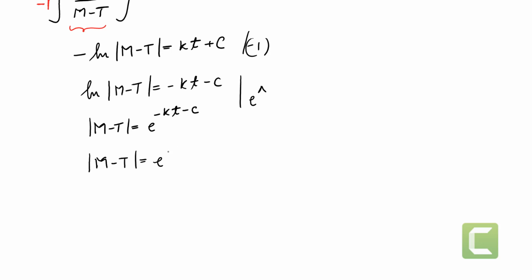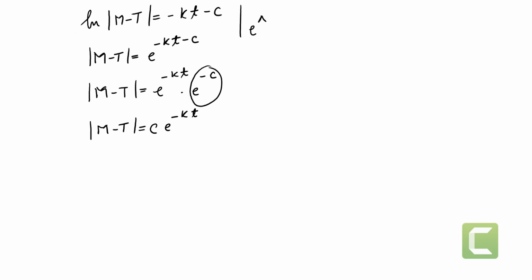So we get e to the negative kt times e to the negative C. This is a constant, so I'm going to write it as C e to the negative kt. I compress it back into a constant.